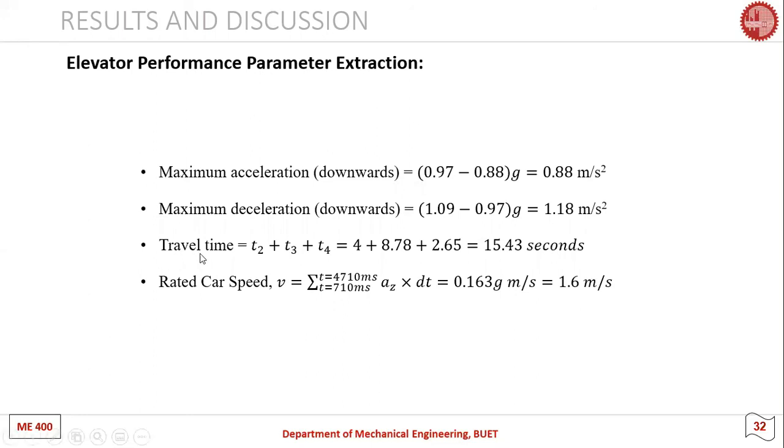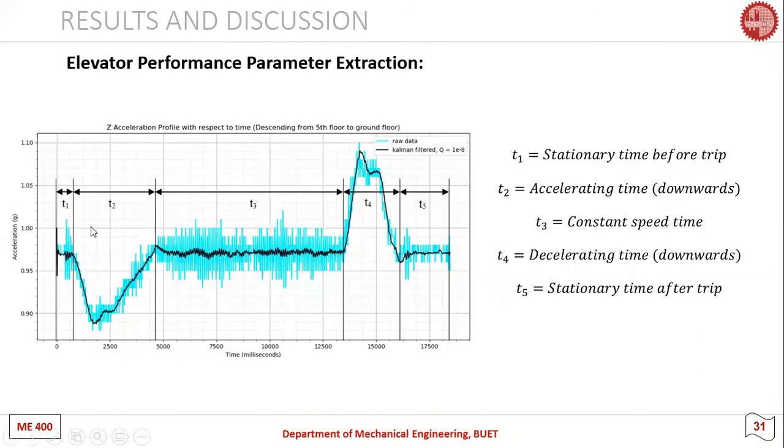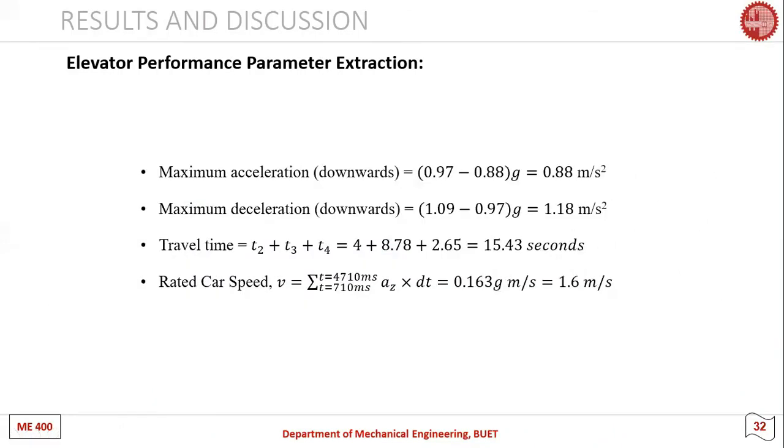To calculate the travel time, we'll have to add T2, T3, and T4, which are the accelerating time, constant speed time, and decelerating time. From the graph, we get that the travel time is 15.43 seconds.